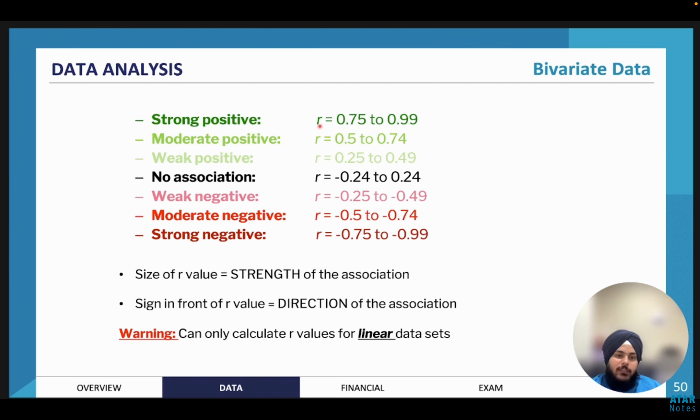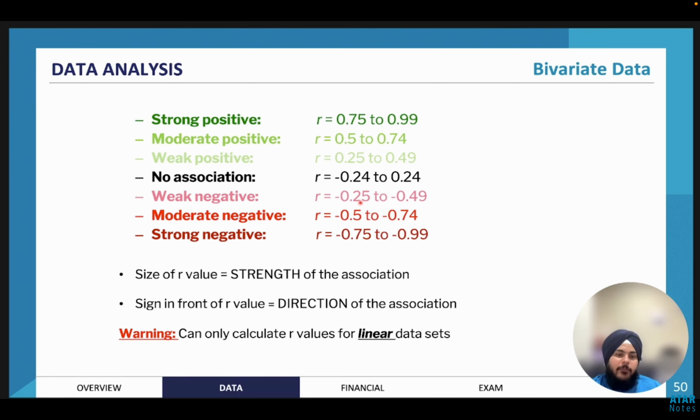Positive because we have positive values, and strong because this is a really high R value. If the R value is between 0.5 and 0.74, it would be a moderate positive relationship. If it's 0.25 to 0.49, it would be a weak positive relationship. And if it's between negative 0.24 and positive 0.24, there would be no reportable association between the two variables.